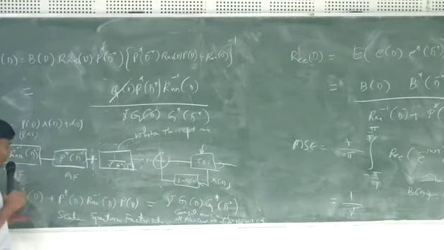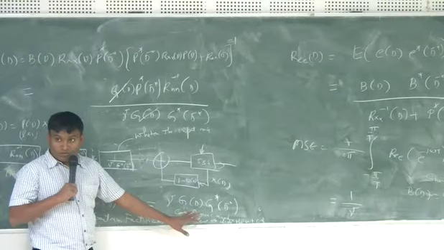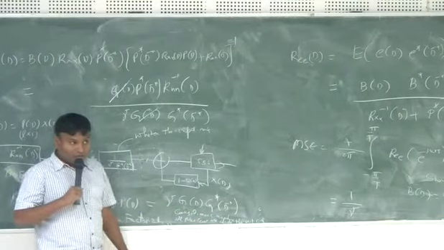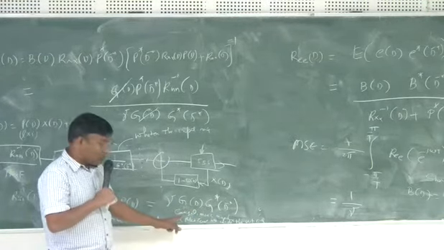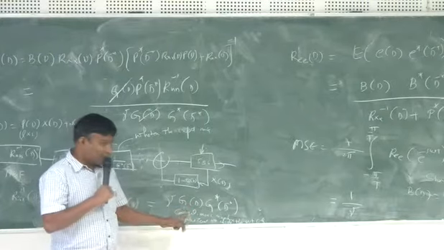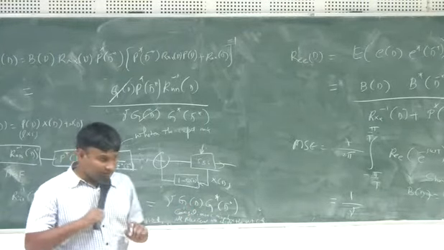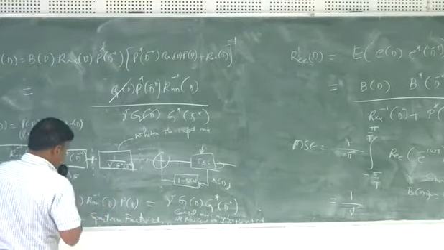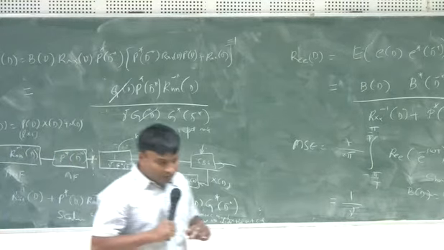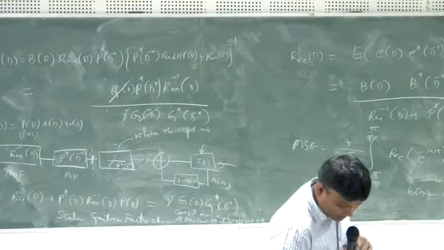Given a two-sided polynomial, how do you decompose it into causal and non-causal parts with the property that this G of D is causal, monic, and minimum phase? It turns out that this solution always exists, and this goes to the heart of estimation theory.